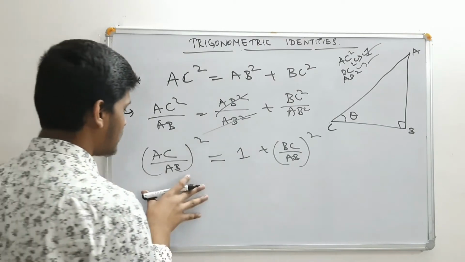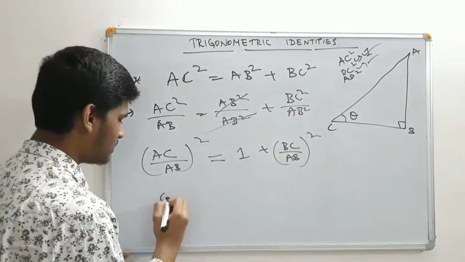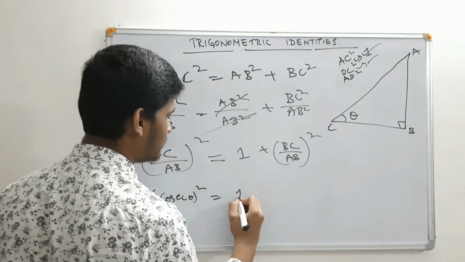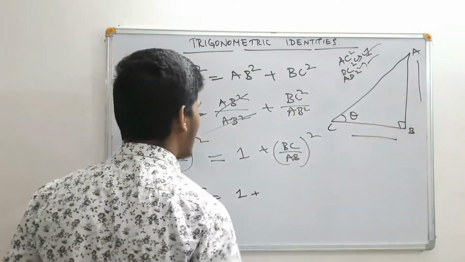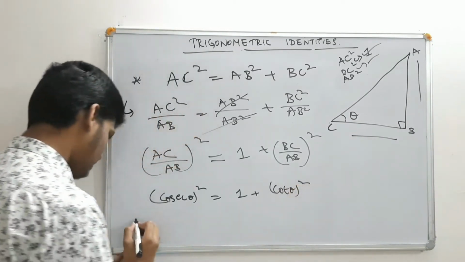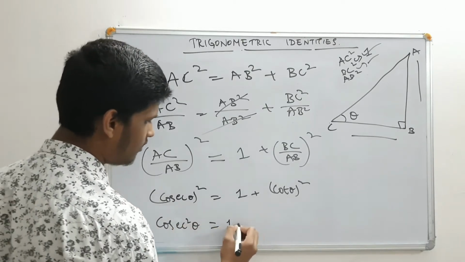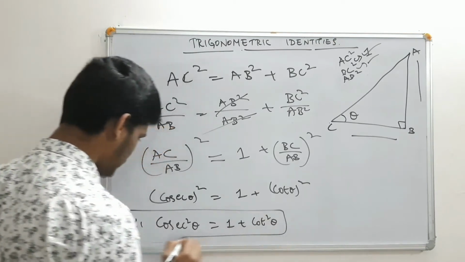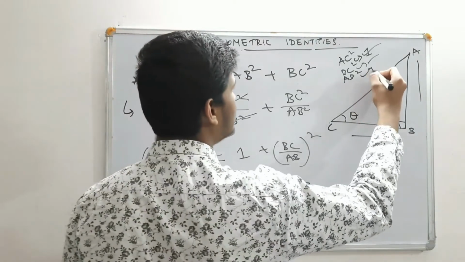So AC by AB is hypotenuse by opposite side, that becomes cosecant theta whole square, that is 1 plus, and here BC by AB is adjacent side by opposite side, and that becomes cot theta whole square. We can write this as cosecant square theta is equal to 1 plus cot square theta. Boom. So done. We found this one also.